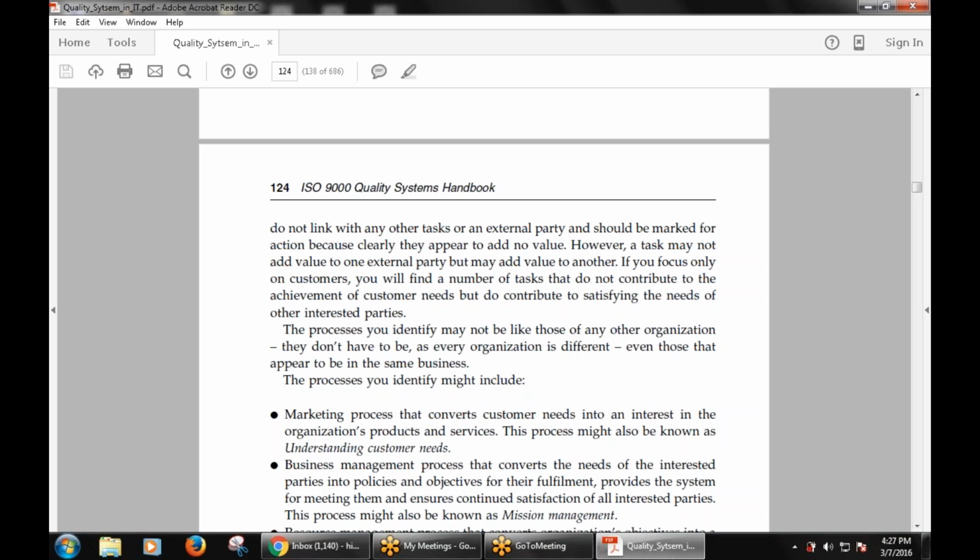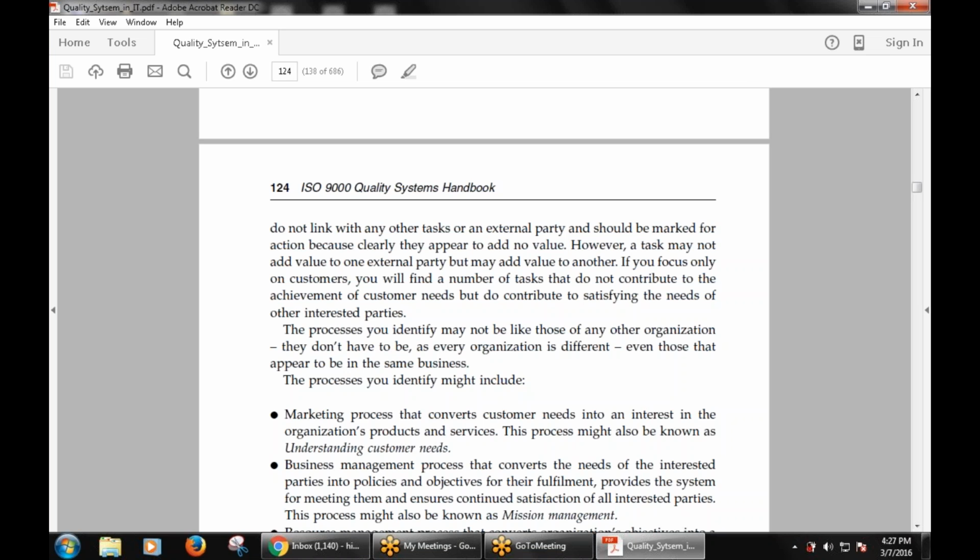The next is the business management process, which converts the needs of the interested parties into policies and objectives. It provides the system for meeting them and ensures the continued satisfaction of all the interested parties within the organization.